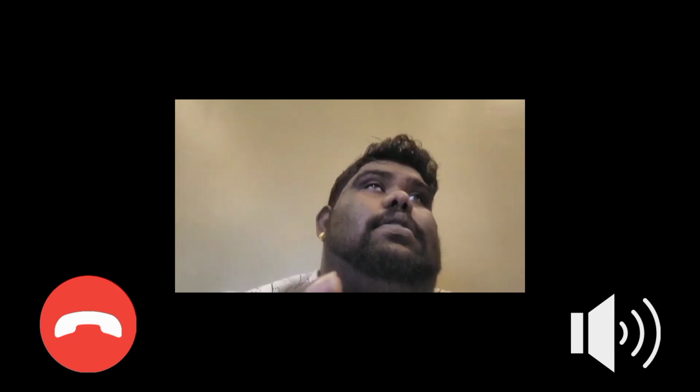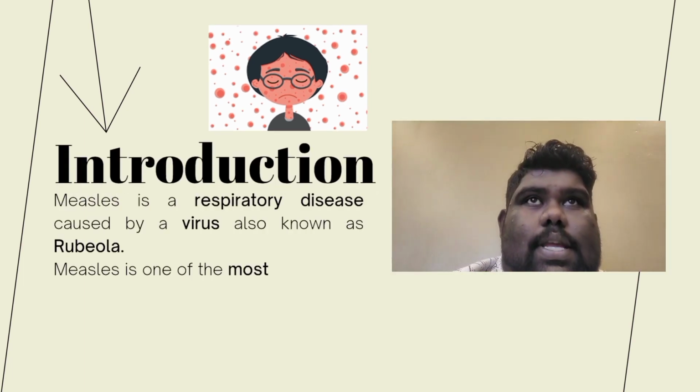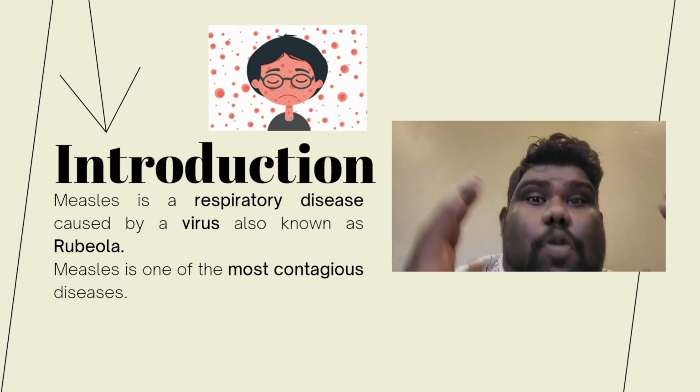Okay, let me tell you about measles, what I understood about it. Measles is a virus, and it is also known as Rubella virus, and this virus can spread easily. Now let me tell you about the causes of measles.